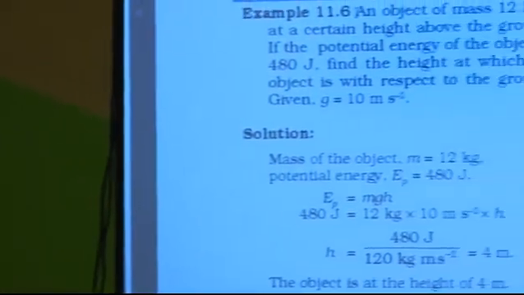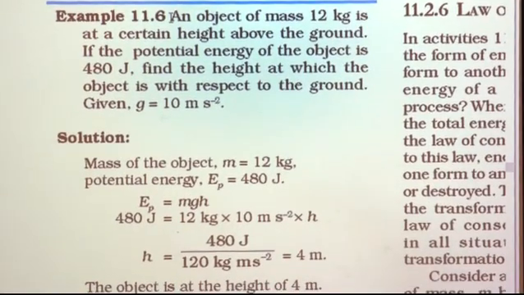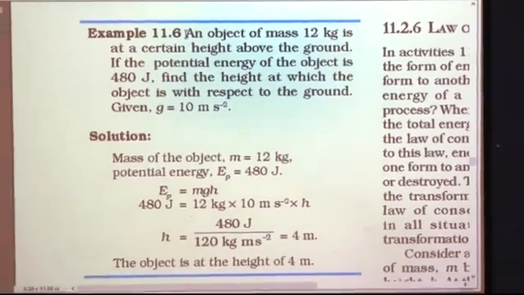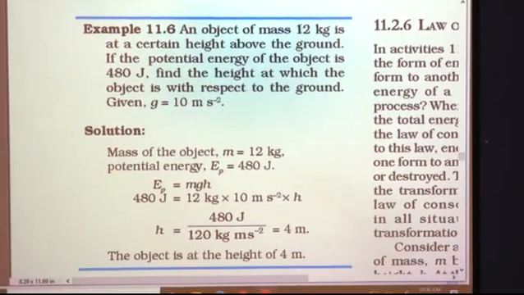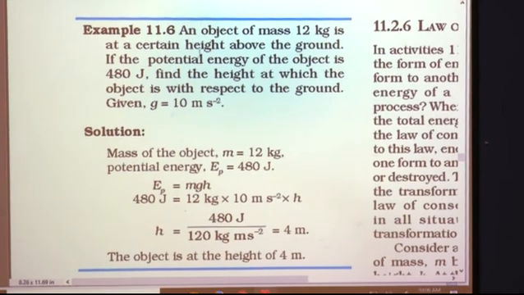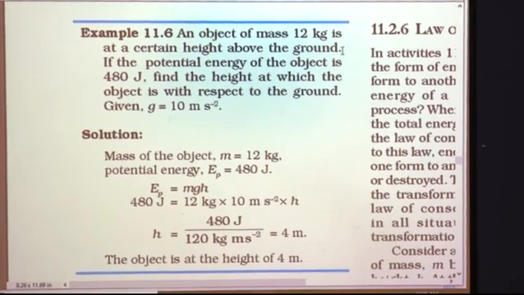Now we will see the next solved example, that is example 11.6. You are supposed to solve these examples in your notebook. An object of mass 12 kg is at a certain height above the ground.